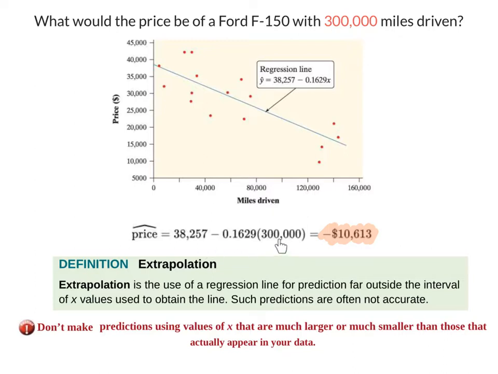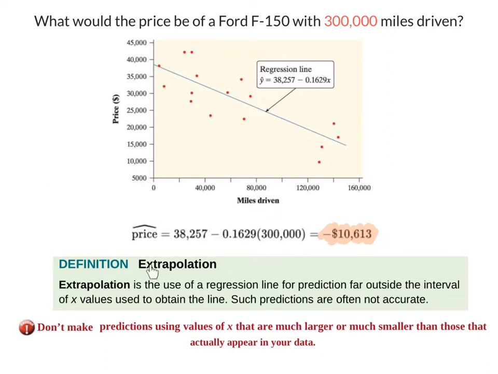When I put 300,000 miles into this formula for price, it gives me a negative price. That doesn't mean that the truck will be free or that they will pay you to take the truck off their hands. I don't know, you could maybe find that. That might be realistic. But this regression line doesn't quite work with something that is out of the scope of the data that we've collected.